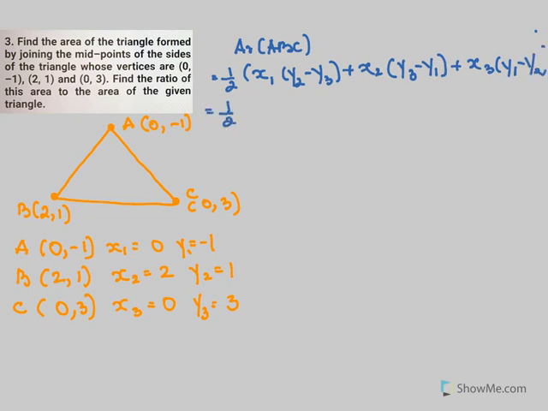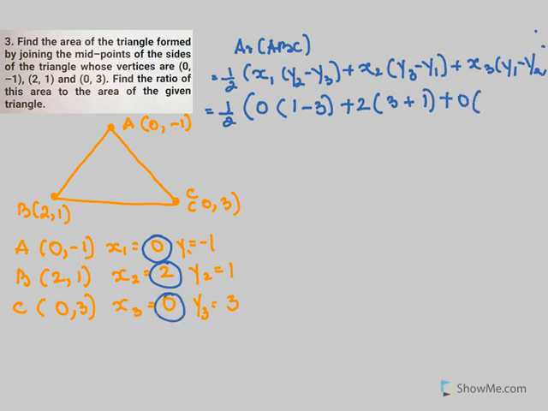That equals half of, where x1 is here 0, 0 times (y2 minus y3, that is 1 minus 3), plus this is our x2, times (y3 minus y1, so it is 3 plus 1), plus x3, 0, times (y1 minus y2). So we go ahead, this is half.